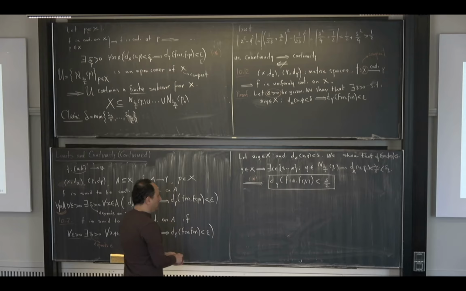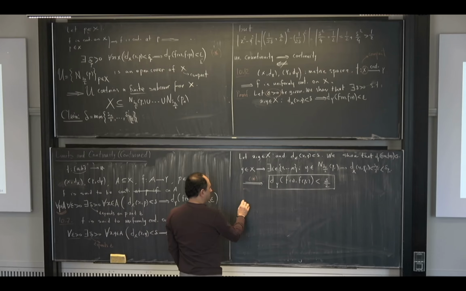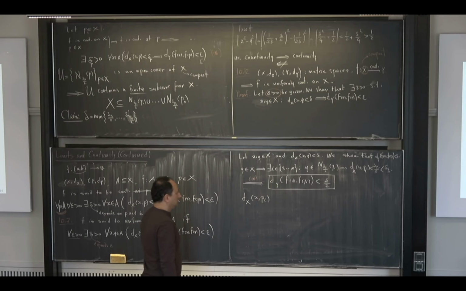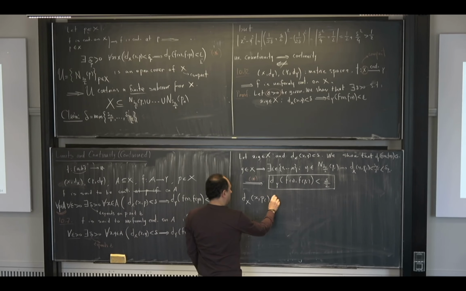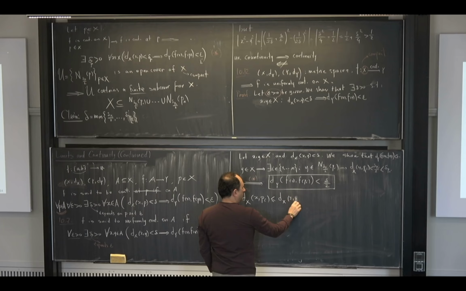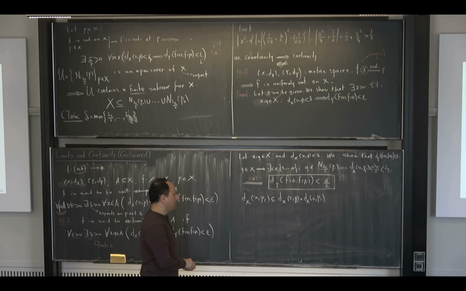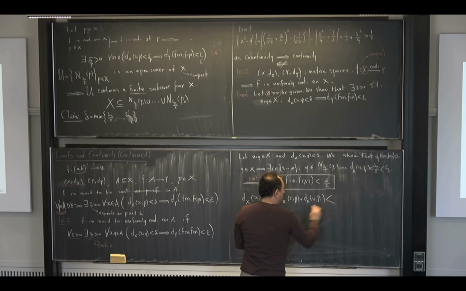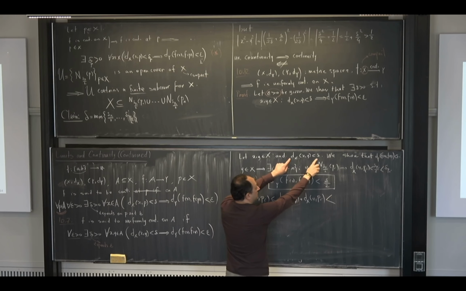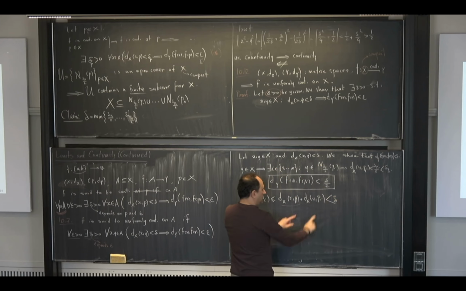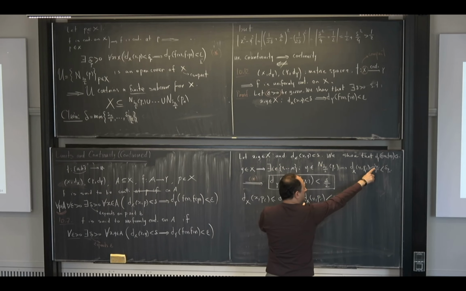One more thing: now let us consider d_X, and I choose x this time with p_i. This one is less than or equal to d_X(x, y) plus d_X(y, p_i). This is also the triangle inequality. This one is less than delta, and this one is less than delta_{p_i} over 2.